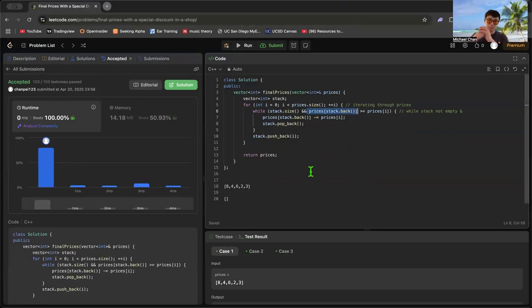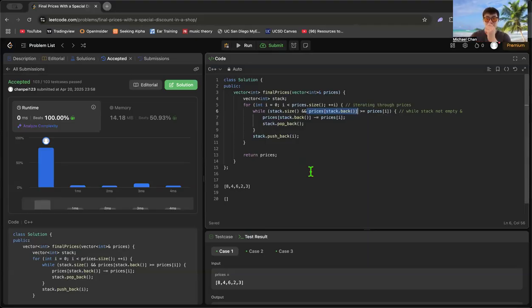The index is stack dot back. Oh, okay, stack.